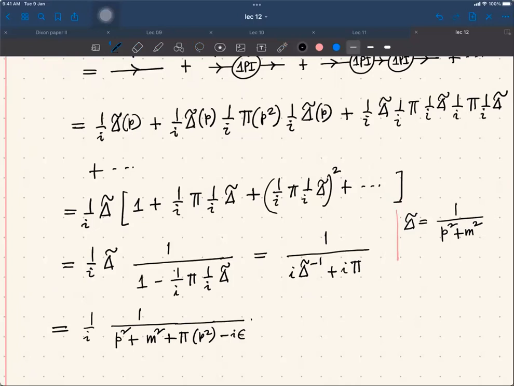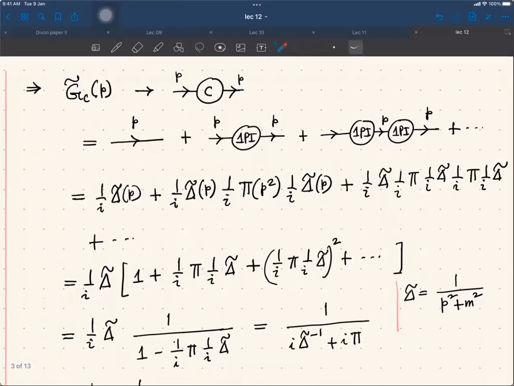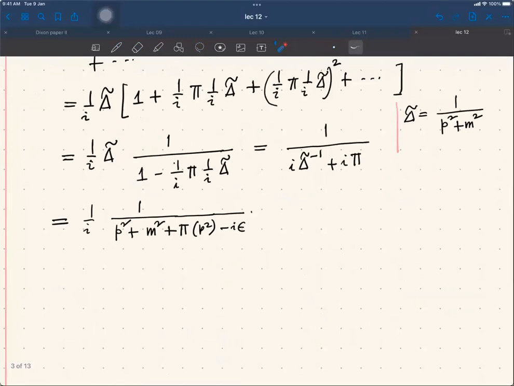So this is the form of the entire connected 2-point function. This is the 2-point function, but there are interactions, there are loop corrections to this propagator, and after correcting all of them, this is the final form.